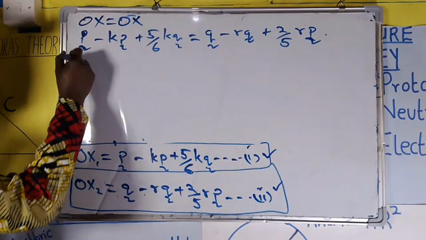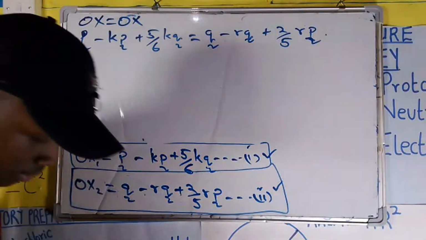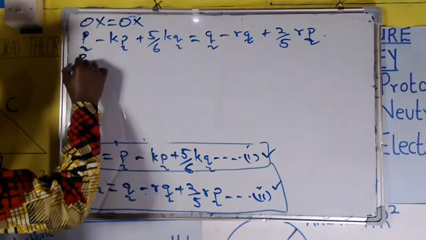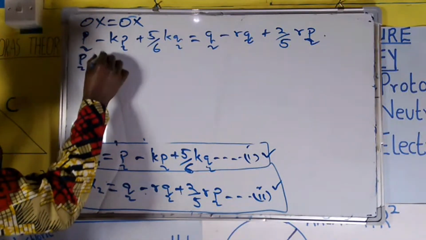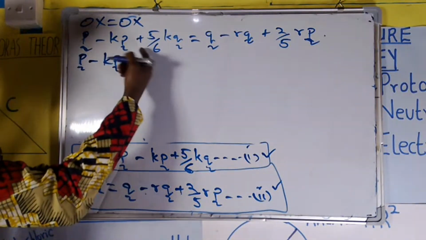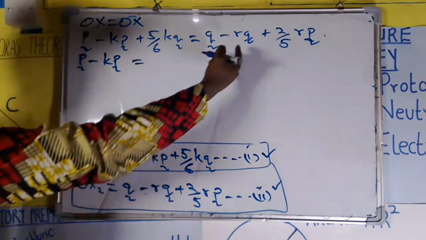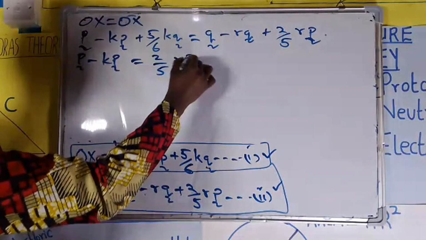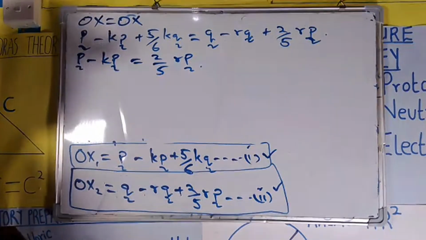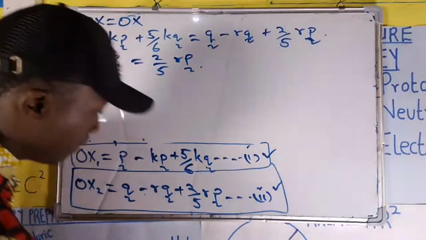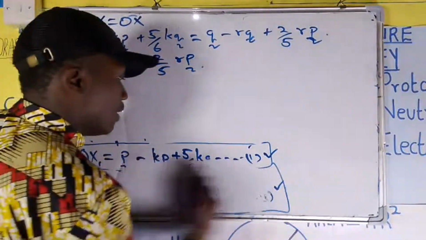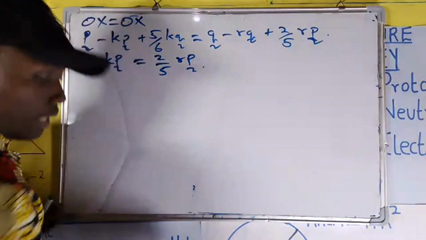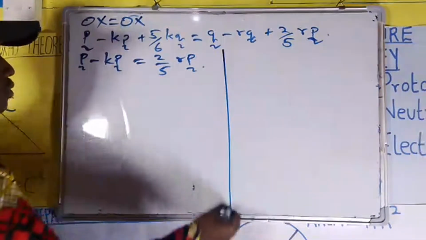So we have P here minus KP, is equals to, we take another one with P, which is 2/5 RP. So tumechukua P kwanza, we deal with what has P. And once we take the ones with P, I think we can now split our board into two.